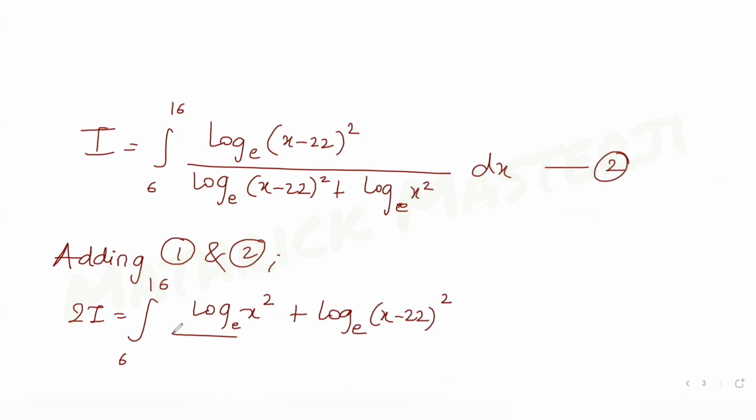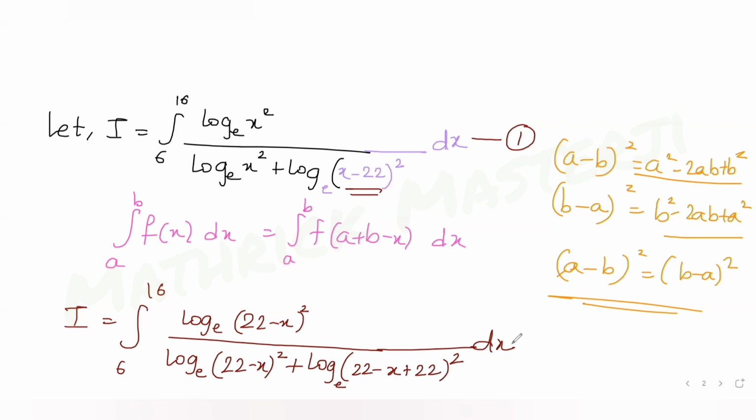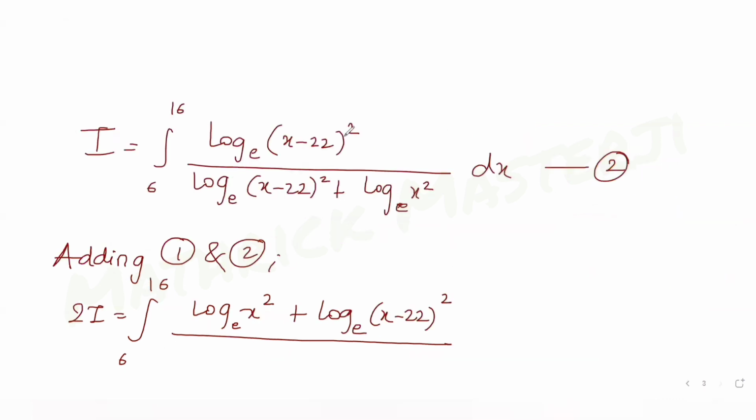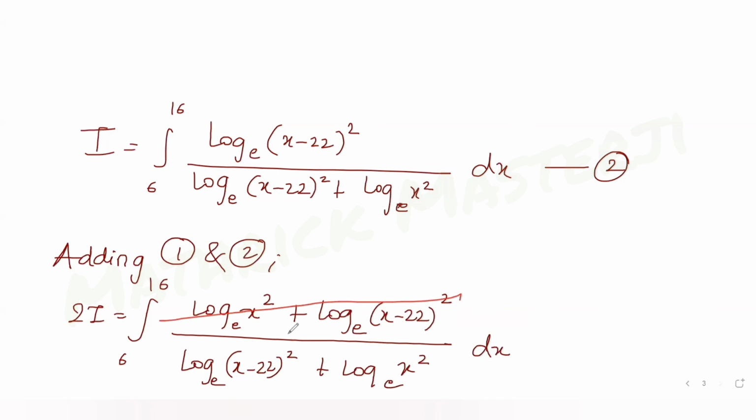This is your entire numerator, and the denominator is exactly the same, right? When the denominator is the same, you can add the numerators directly. So you are left with log of x minus 22 the whole square to the base e plus log of x squared to the base e, dx. Now the numerator and denominator are the same, so I can cancel them, and you're just left with 1.